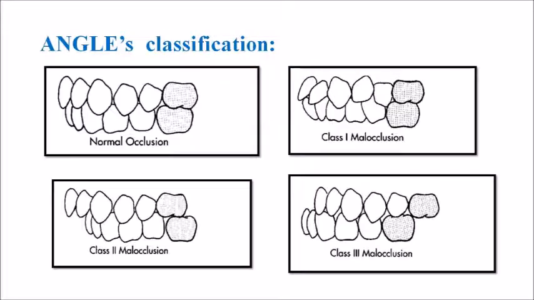So according to Angle, normal occlusion has two components: one is the line of occlusion, and the second is that the upper first molars are related in such a way that the mesiobuccal cusp of the upper molar occludes in the buccal groove of the lower molar.